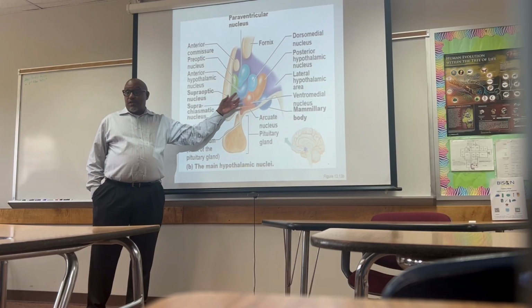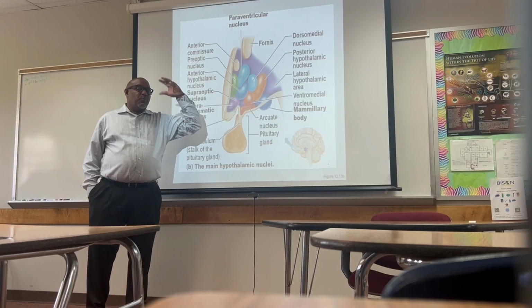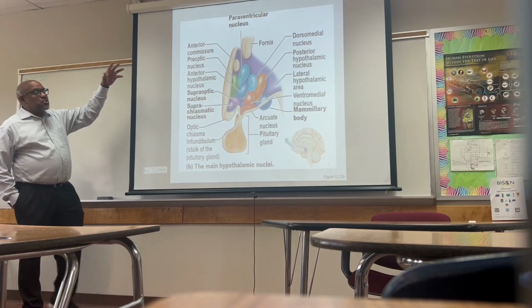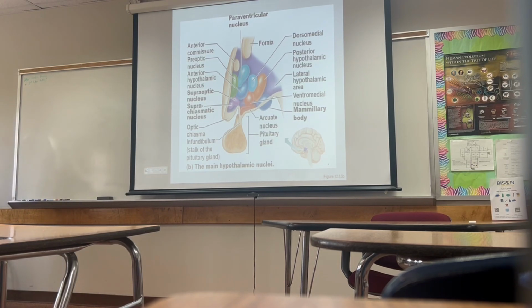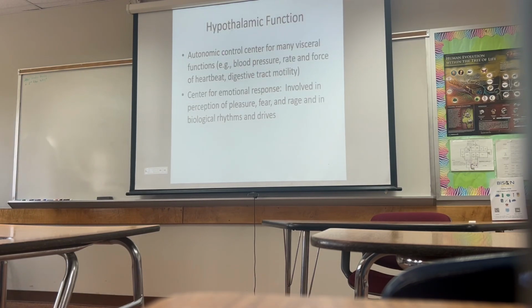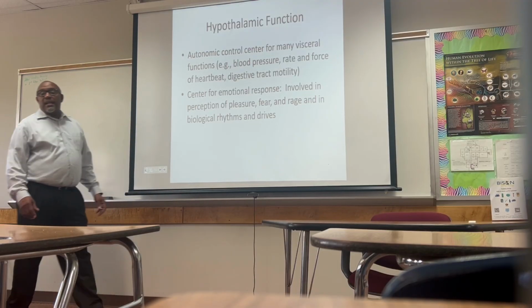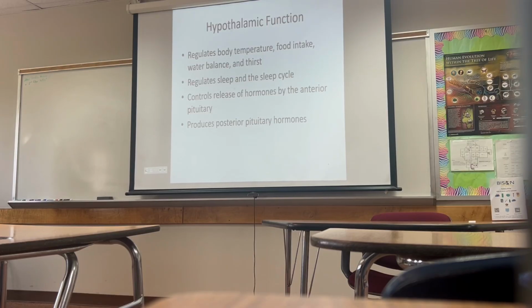So you have a lot of different cell bodies in the hypothalamus that play a role in helping different things. Emotion plays a role there, blood pressure, pleasure is there. And so again, you see hypothalamus: perception of pleasure, fear, rage, biological rhythms, and body temperature, all that stuff is there in the hypothalamus.